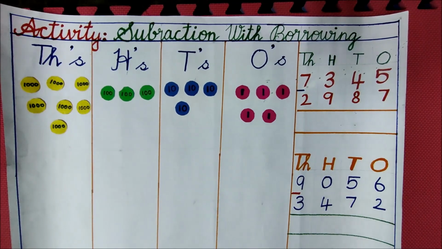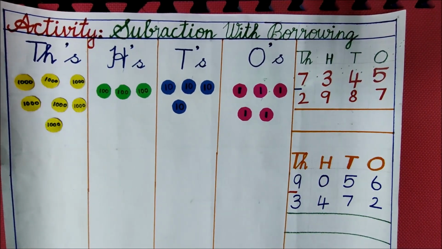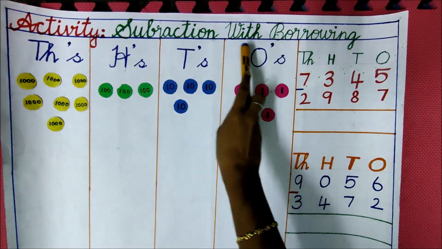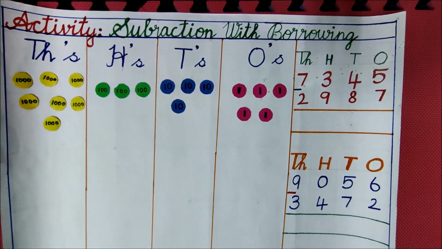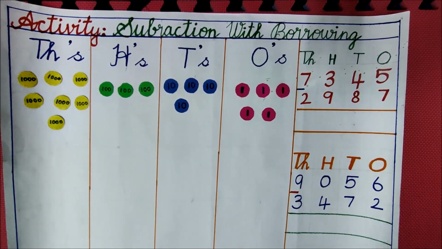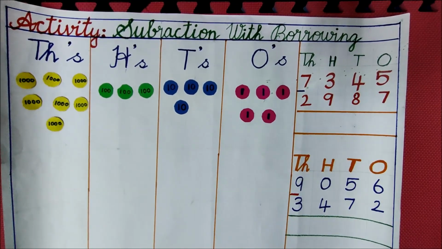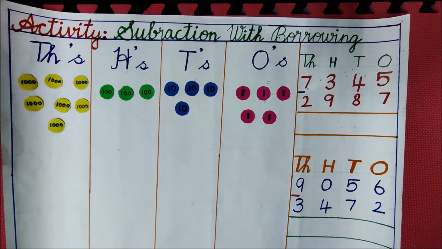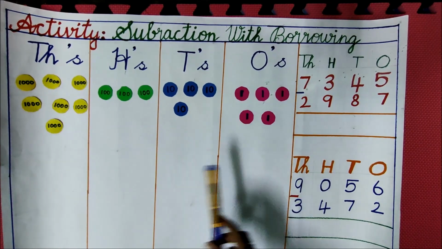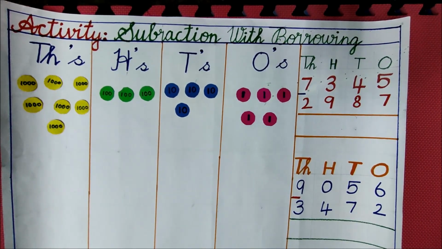Okay, children. Now we move on to the subtraction activity. See what is here: subtraction with borrowing. Today we are going to see an activity based on subtraction with borrowing. Here I have written the numbers, and here I have arranged colorful circles.